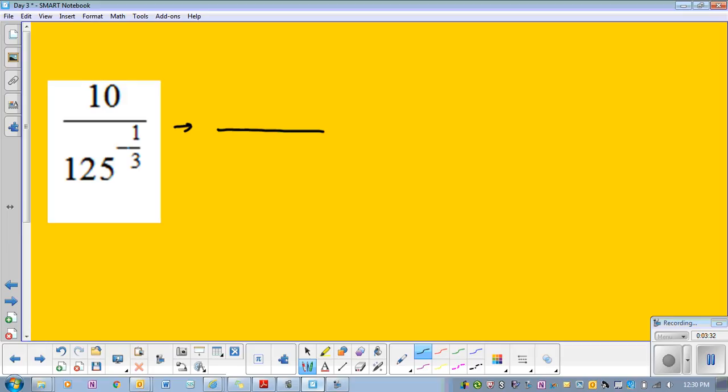So how do I make this 125 with a negative exponent, how do I turn that into a positive? Yeah, you have to move this up. So up on top now we have the 10, right, which stays there. And then we have to move this guy up. So 125, and now it becomes positive 1/3 power.